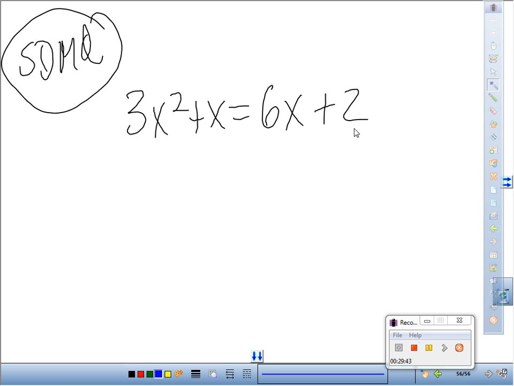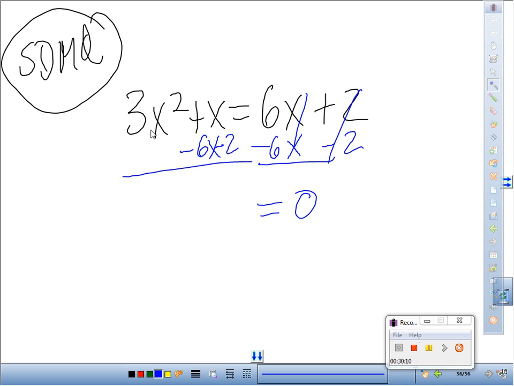But what do we have on this side? 6x plus 2. So how can we make this 0? Everyone. Minus 6x, and minus 2 to each side. These become 0, and we're left with 3x squared. What else? Minus 5x minus 2.